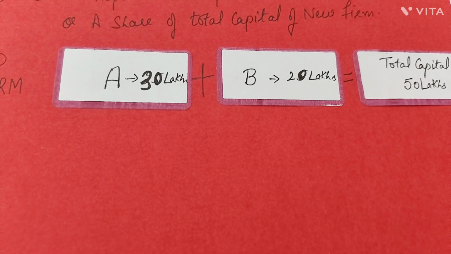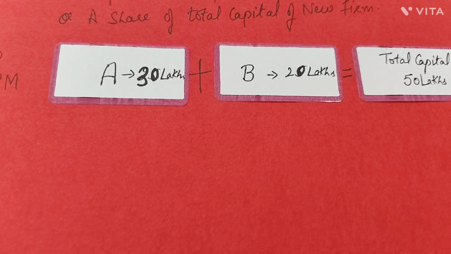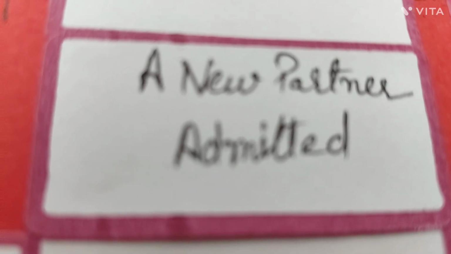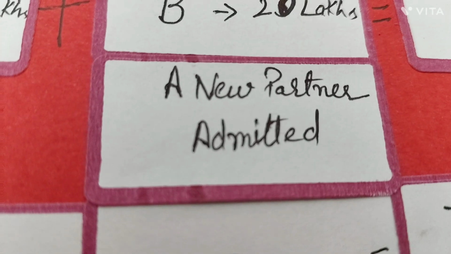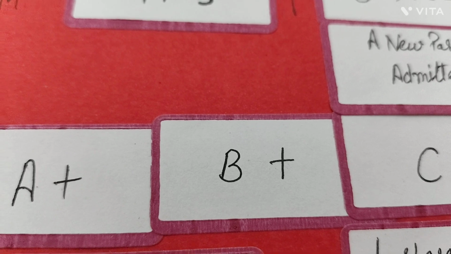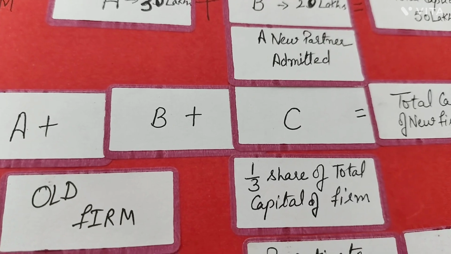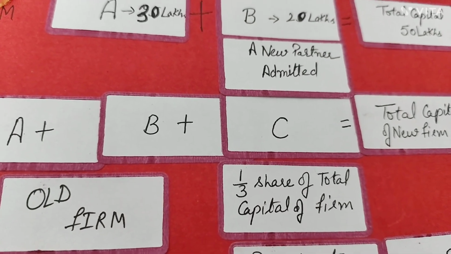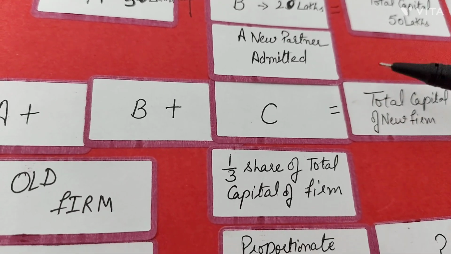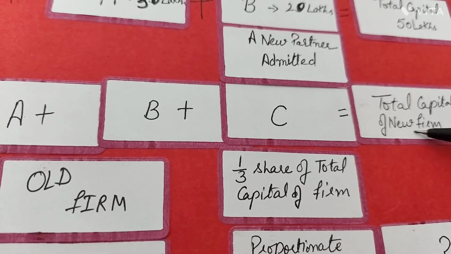Now they have decided that they need more capital, for which they want a new partner to be admitted. So a new partner is admitted, that is C. Now in the firm there are three partners A, B, C. Three partners are required to make the new firm, and in that new firm the total capital would also be a new one.